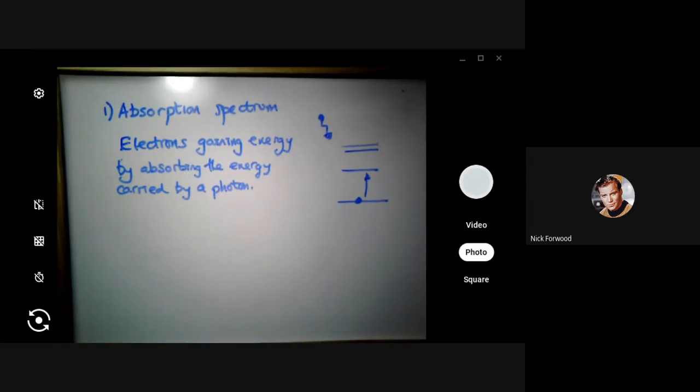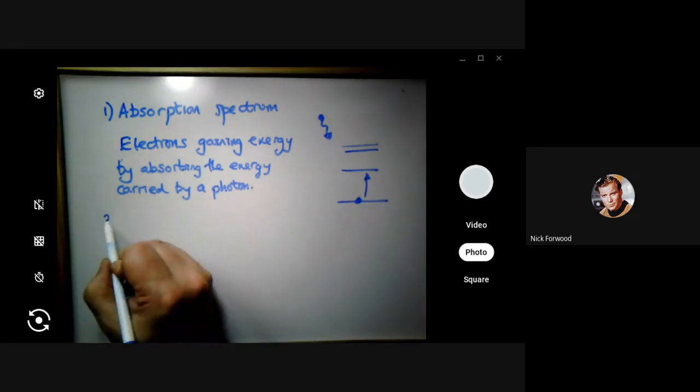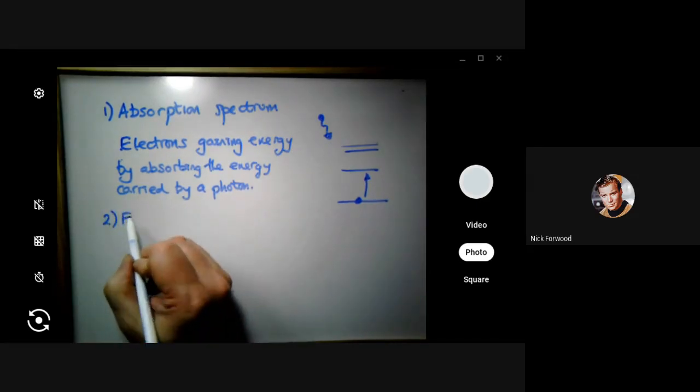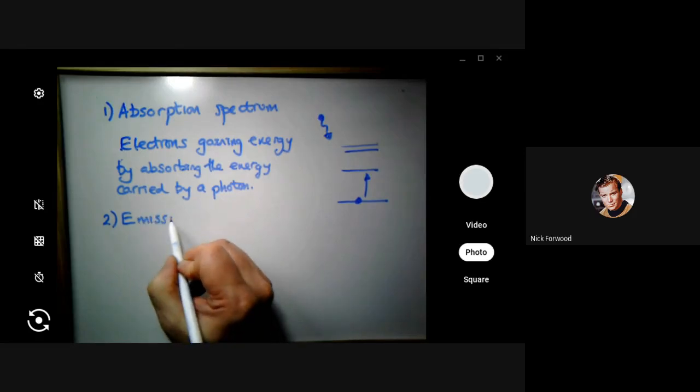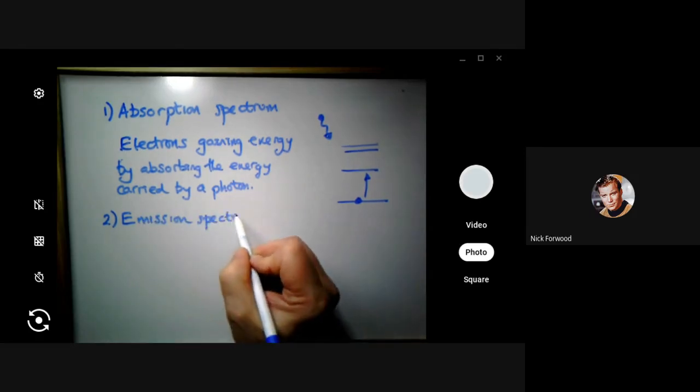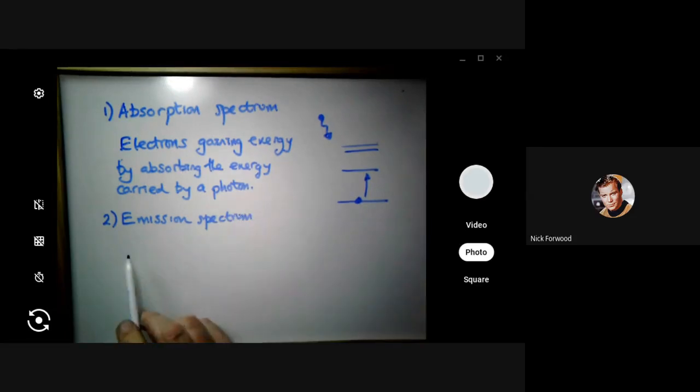Okay, now the second type of spectrum that we're going to look at is called an emission spectrum. And to emit means to give something off, to get rid of it. So what is an emission spectrum?